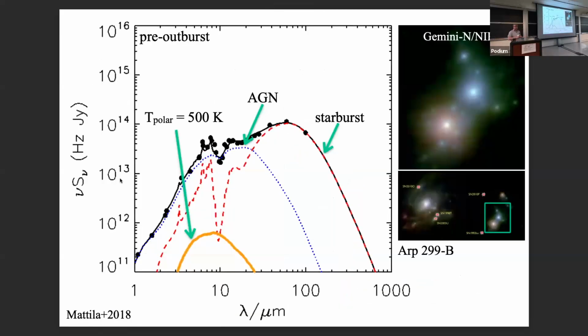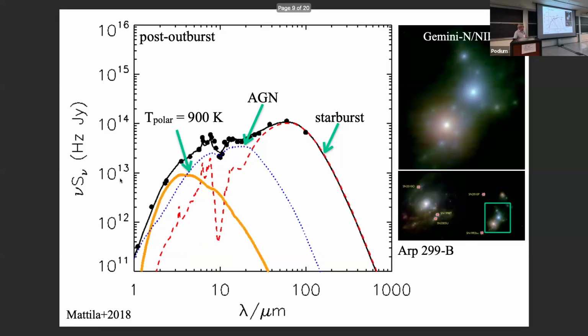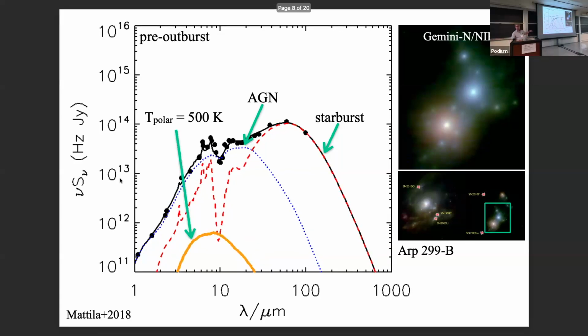This is to show the SED of this nuclear region of ARP299. By the way, these images are from Gemini North, taken with the adaptive optics correction. Here we see the infrared SED before the outburst and then moving to after the outburst. We see basically this effect in the near and mid-infrared wavelengths. These lines are showing radiative transfer models for the dust heated by the starburst and AGN.